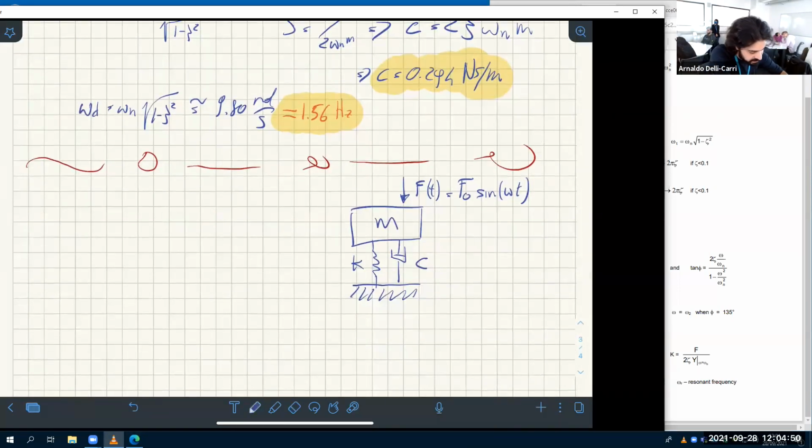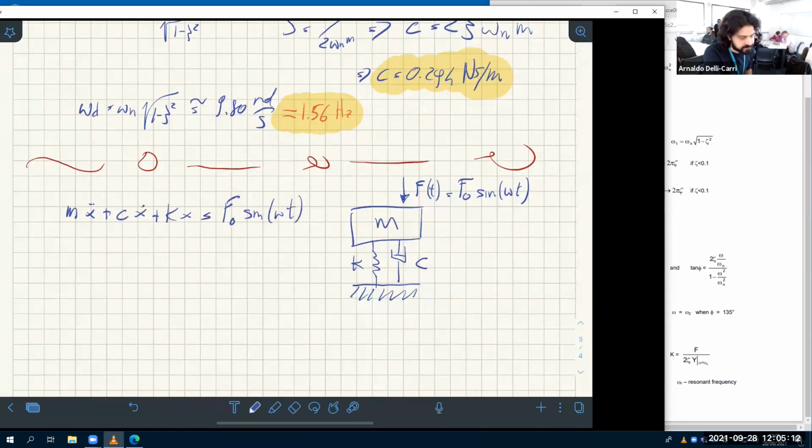So let's write the equations of motion. First is m x double dot plus c x dot plus k x, but instead of being equal to 0 now, it's equal to the forcing function f of t, in this case f0 sine omega t.